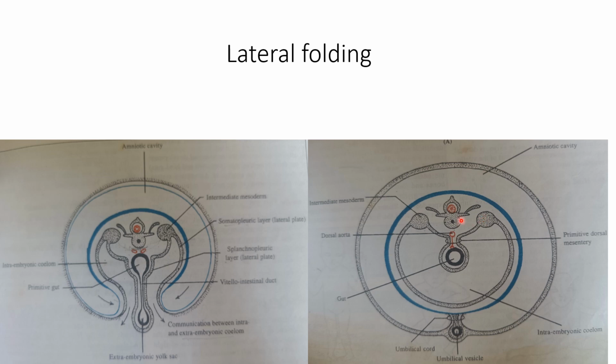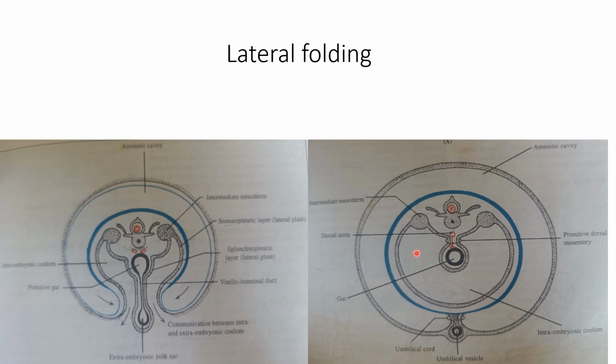Then the primitive vertebrae, intermediate mesoderm is there. Then this one is the splanchnopleuric layer. This is the somatopleuric layer. This is the intraembryonic, sorry, intraembryonic coelom. Okay, so this is all lateral plate mesoderm with the intraembryonic coelom.